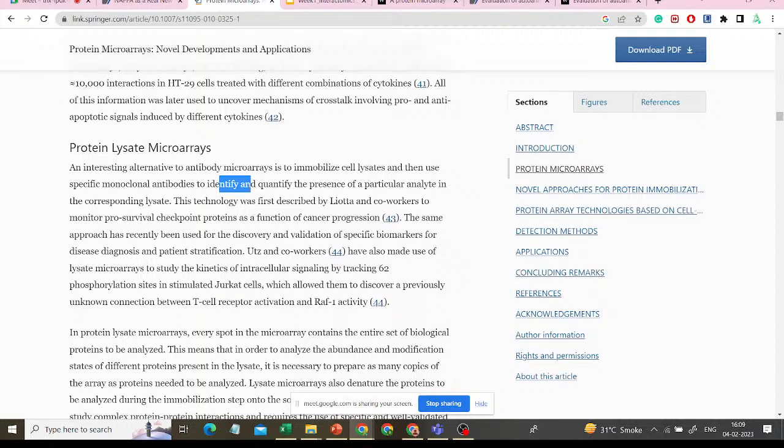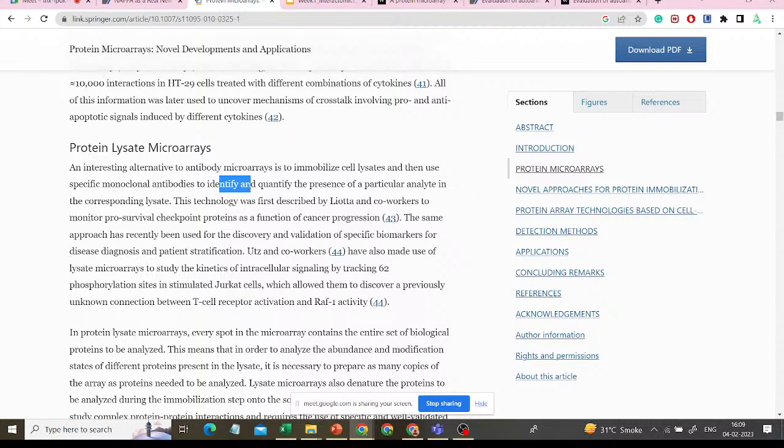For example, you make the cells deprived of nutrition, or you cut off one nutrient from the media. So now your cells are stressed. So what changes, or which proteins are markers? You can design an experiment like this.